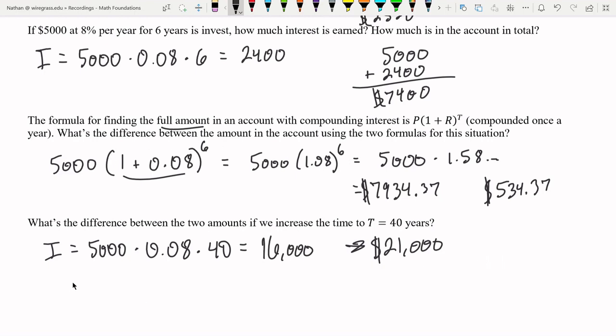Using this formula, it's going to be 5,000 times 1 plus 0.08 to the power of 40. Here we get $108,622.61.